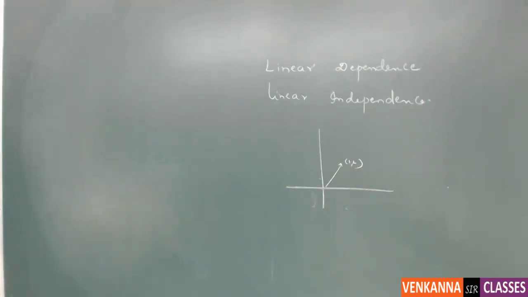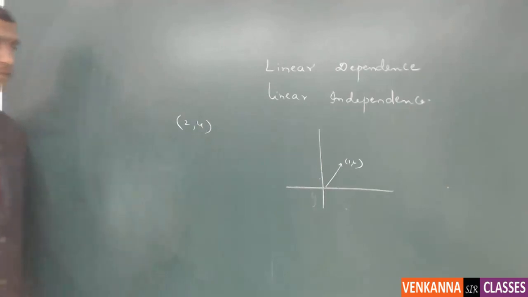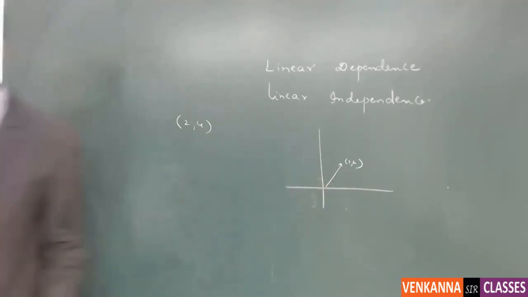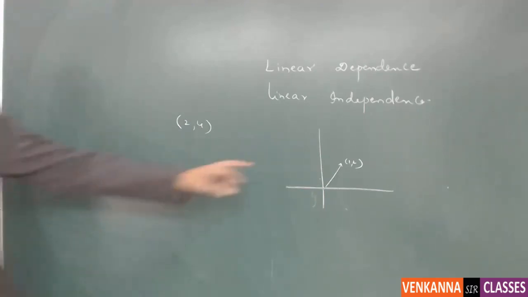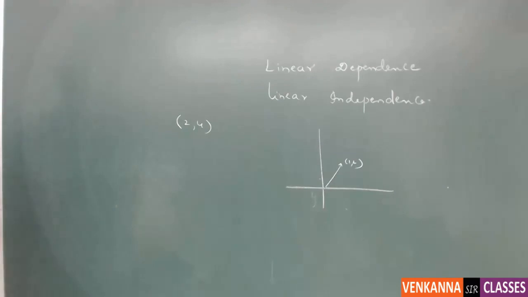So this is the vector (1, 2). Now I am taking another vector (2, 4). So does this point lie on this vector or not? In other words, do these two values belong to the same line or not?